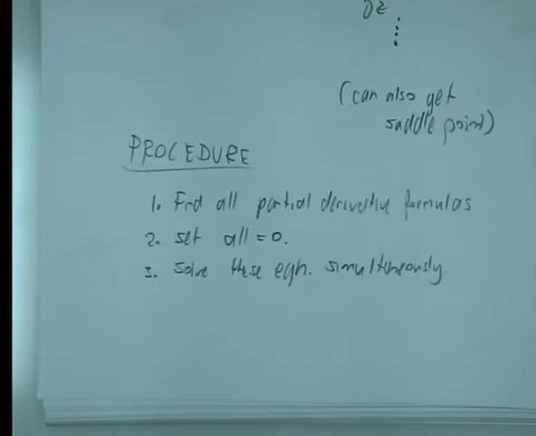Okay, and that finds you the x's and the y's where the maximums and minimums can possibly be. And it's the combinations of x and y, or x and y and z, or whatever that you're interested in.